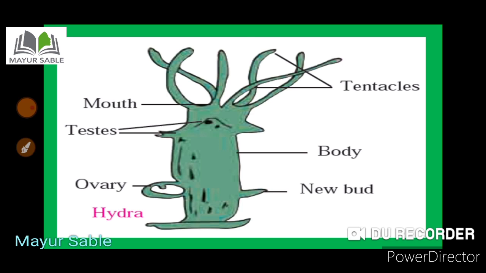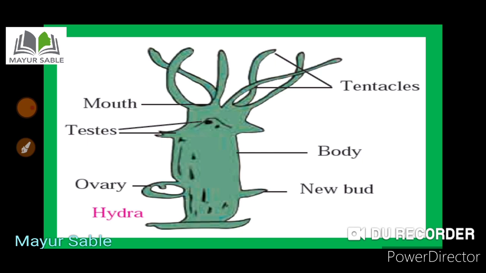You can see here in this diagram the body possesses the tentacles and the cnidoblasts. The tentacles are used for capturing the prey, whereas the cnidoblasts inject the toxin in the body of the prey. So they are very useful for protection also.